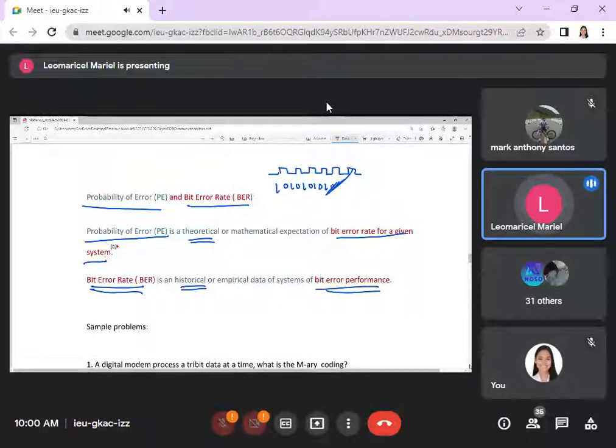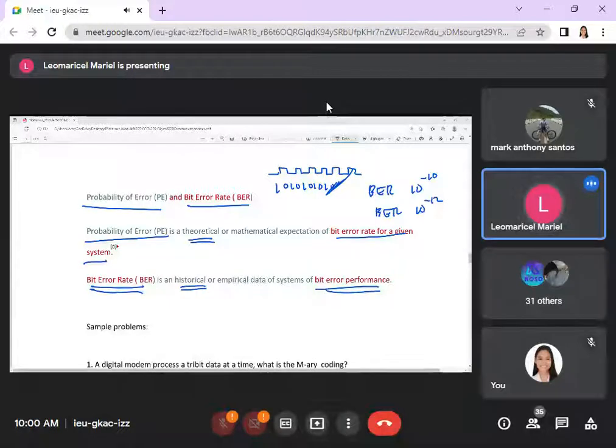Ngayon, another question. Ano ang mas maganda? Ang bit error rate that is 10 to the negative 10 or the bit error rate that is 10 to the negative 12? Ano ang mas magandang system dyan? Bit error rate that is 10 to the negative 10 or bit error rate that is 10 to the negative 12? Anyone?